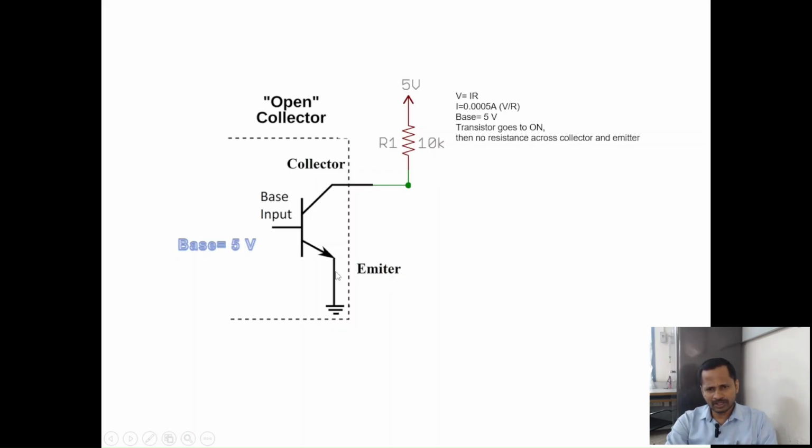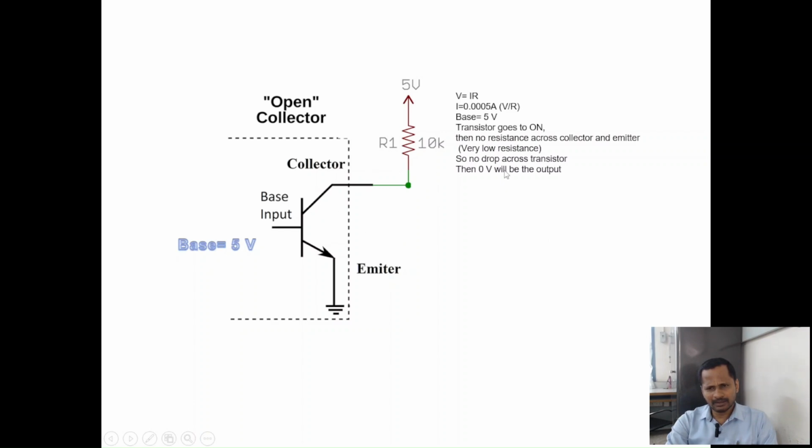There is no resistance across emitter and collector, so it is almost a short circuit with a very low resistance value, and there is no drop across the transistor.